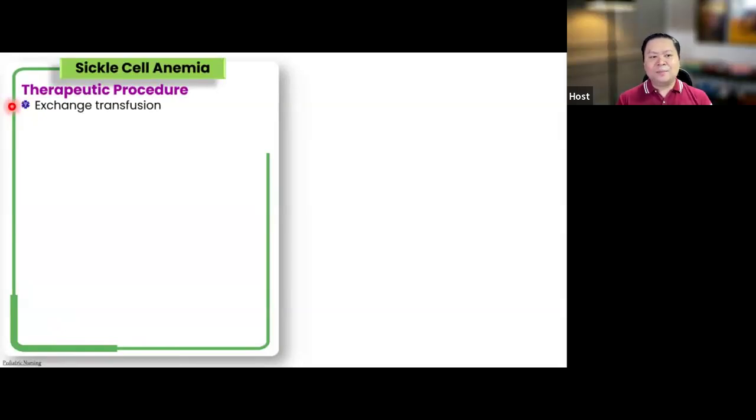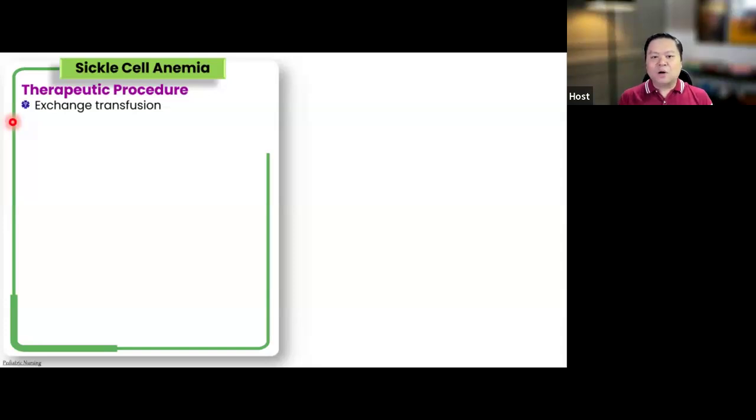Basically, the patient will undergo some kind of exchange procedure wherein they're going to be in bed, or let's say on a treatment chair, wherein their sickled red blood cells, their defective red blood cells, will be replaced with normal red blood cells. It's kind of similar to a hemodialysis session, but it's not really a hemodialysis machine.